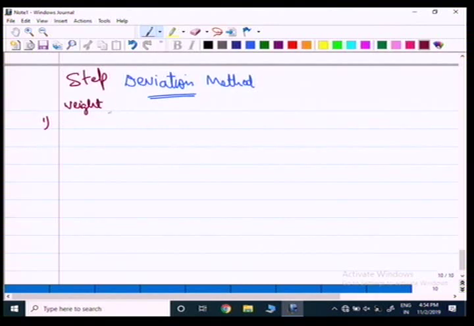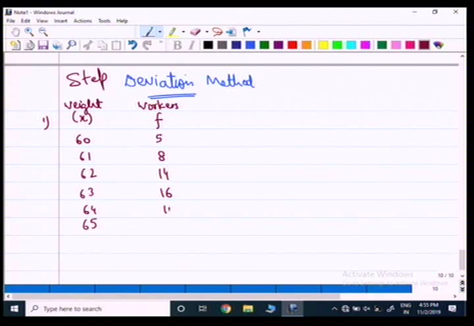So weight is given. This is basically X. And number of workers is given, which is basically F. Find the mean.